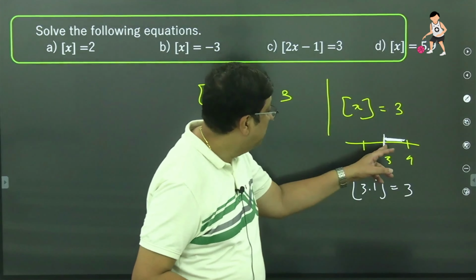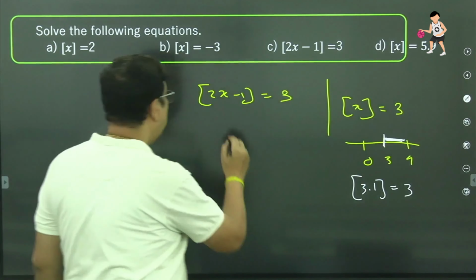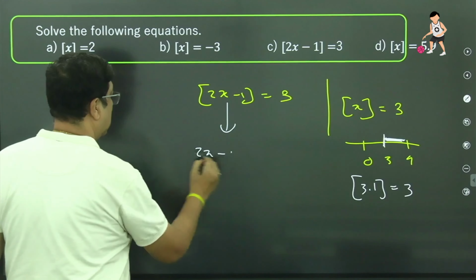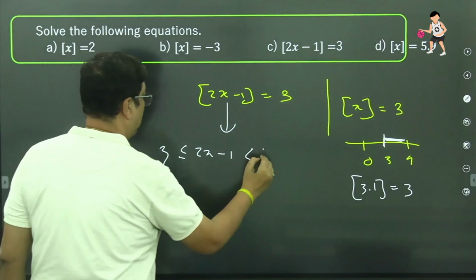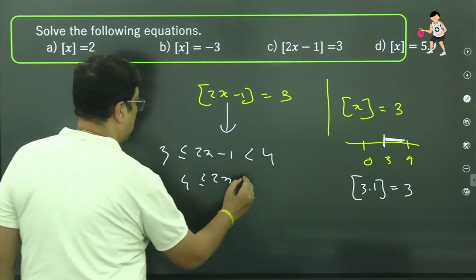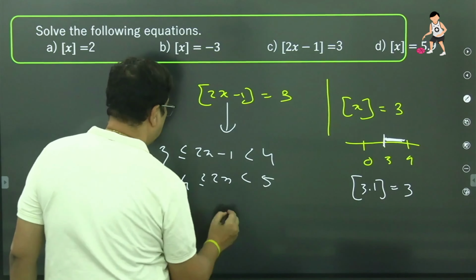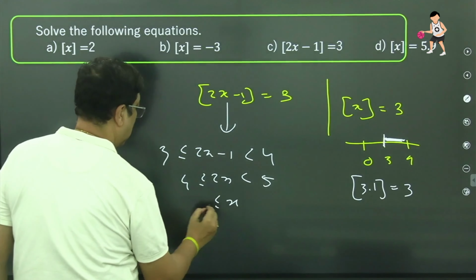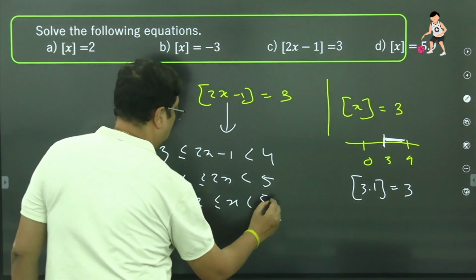So x between 3 to 4. So similarly write like this, 2x minus 1 between 3 to 4, 2x greater than equal to 4 to 5, so x 2 to 5 by 2.